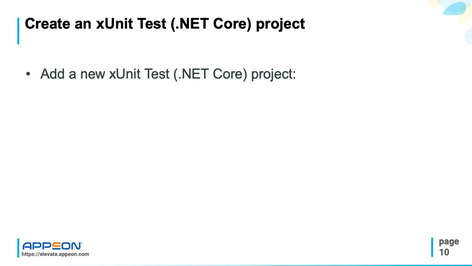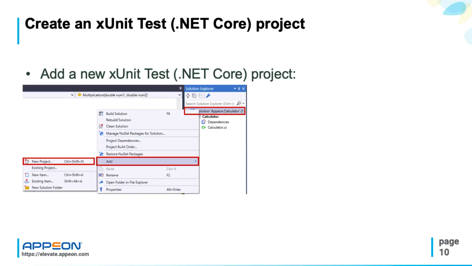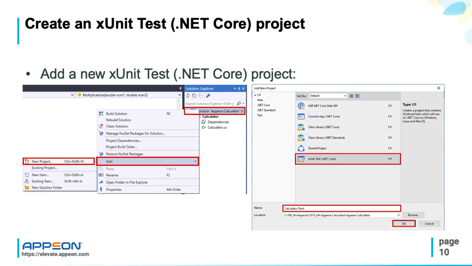Now let's add a new xUnit test project to our solution. To do that, we would be doing this on PowerBuilder C IDE, and you would right-click on the solution, then click on Add New Project, name the project calculator.tests, and click OK.